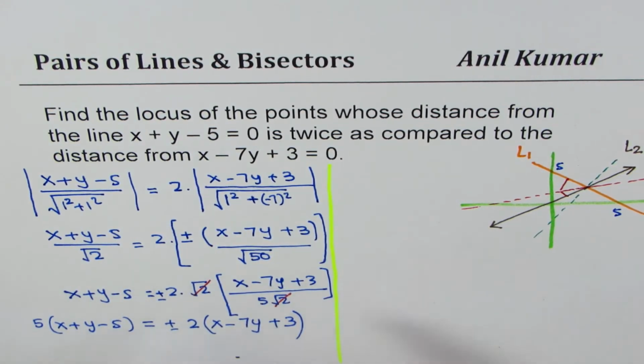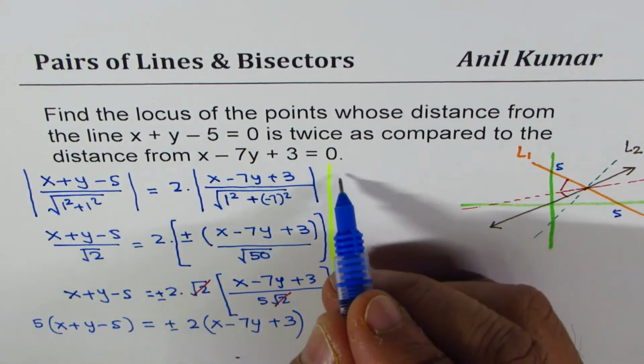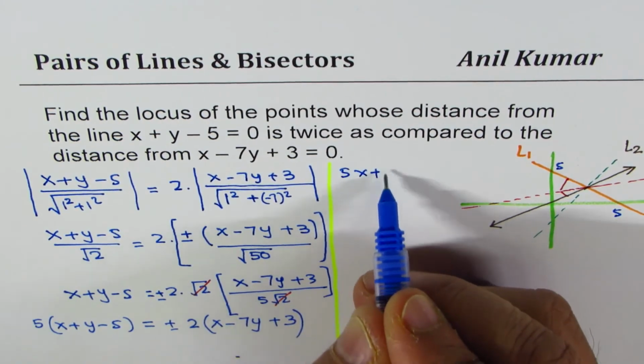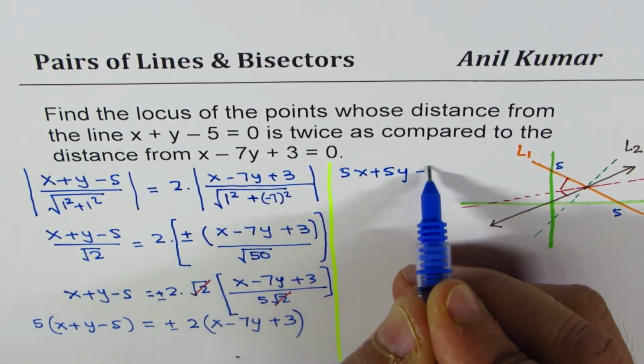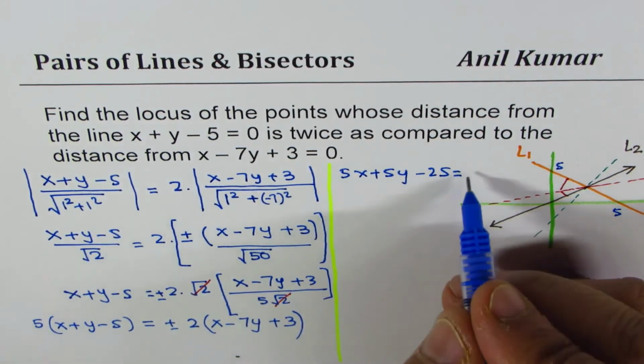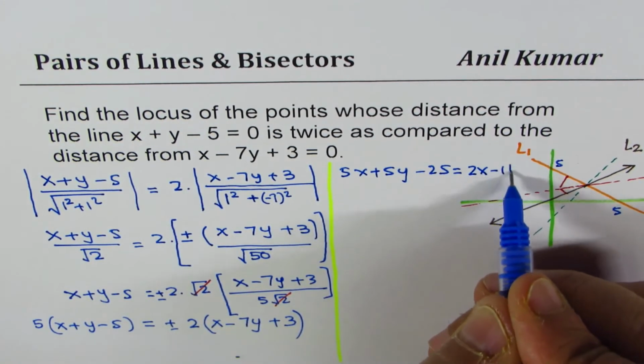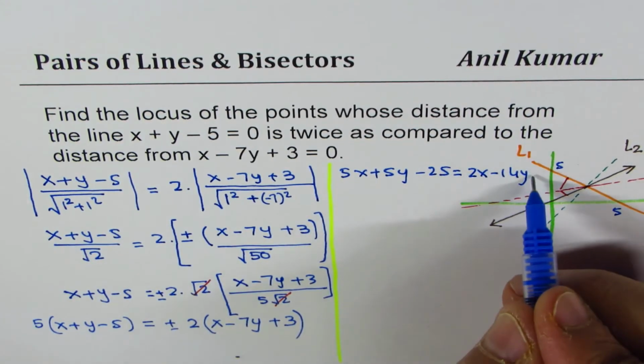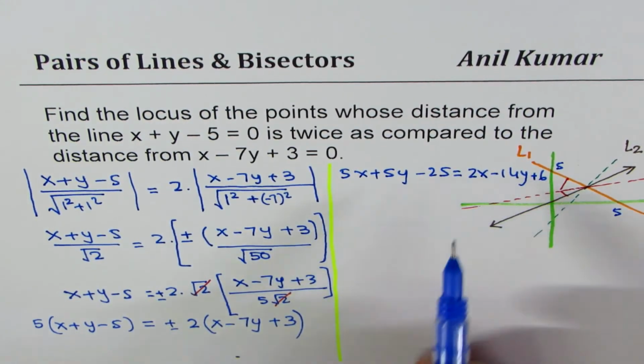So one of these equations could be 5x plus 5y minus 25 equals, taking the positive sign first, 2x minus 14y plus 6. Let's solve for this.